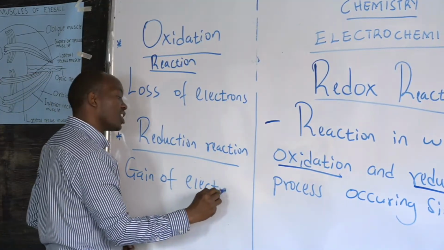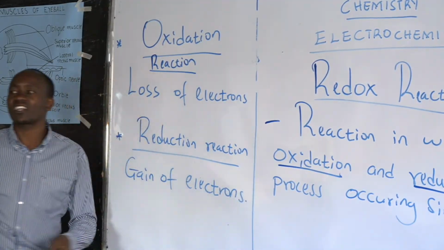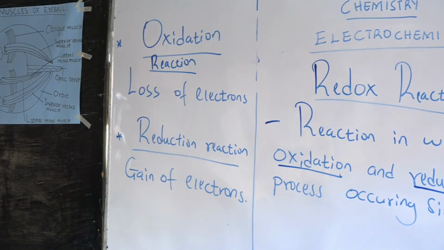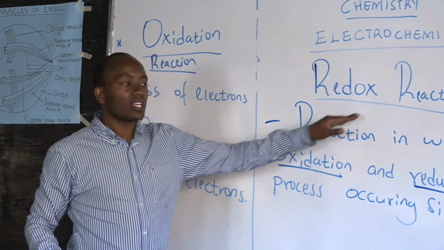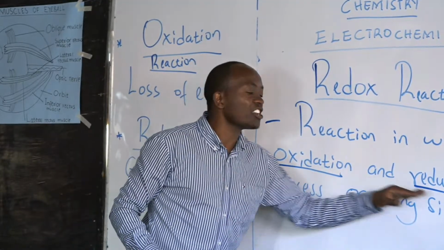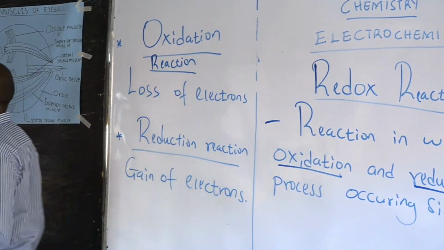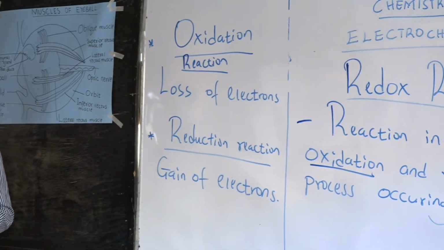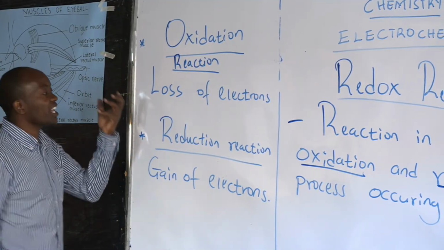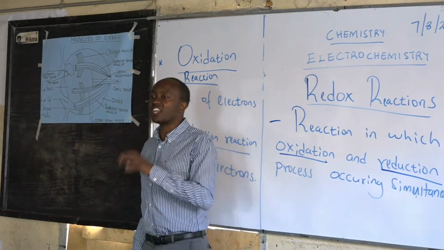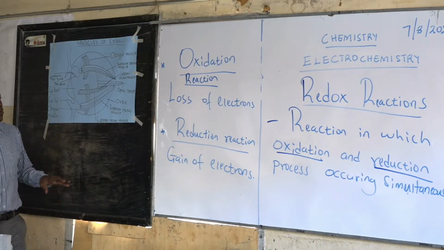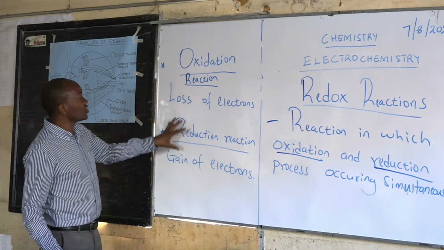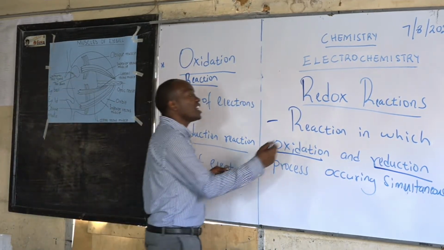When you're talking about reduction reactions, oxidation and reduction take place simultaneously, that is, at the same time. One of the species will lose an electron or electrons, and the other species will gain that very electron. Oxidation and reduction taking place at the same time, we call that reaction what?